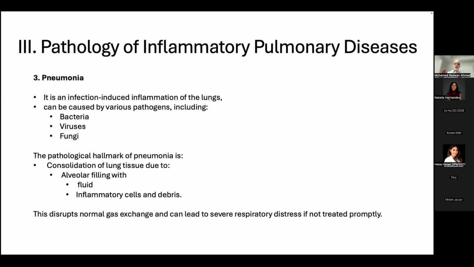In red hepatization, the lung becomes like a liver when you cut a section, reddish from the RBCs. Usually it's one lobe, so we call it lobar pneumonia. It's not the whole lung, it's usually one lobe of the lung, and it consolidates and affects the gas diffusion, of course, because now the gas has to diffuse through blocked alveoli with fluid and packed with cells, and even the congestion in the capillaries, you have a big space between the air and blood.